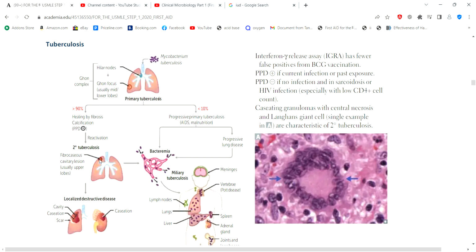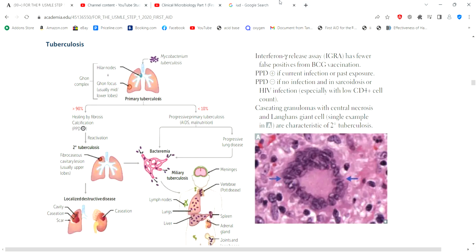In SCID, HIV, the PPD bump will be flat. So I hope you understood that point. PPD will be negative if you have no infection, and also in sarcoidosis patients, and in HIV patients, especially with a low CD4 count, because in HIV there are no CD4 T cells to come to the site of PPD testing.